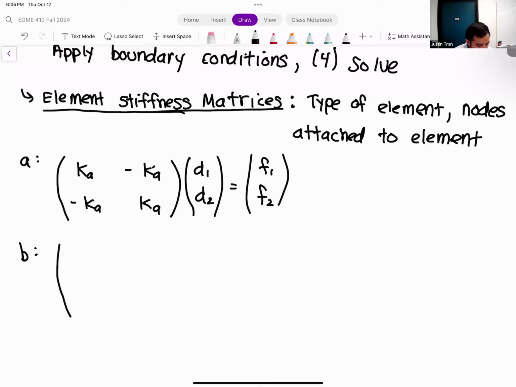Okay, element B. Element B also is a spring. It has a different spring constant, so make sure you plug in the appropriate spring constant here. Element B has a spring constant Kb. So we have Kb, minus Kb, minus Kb, Kb.